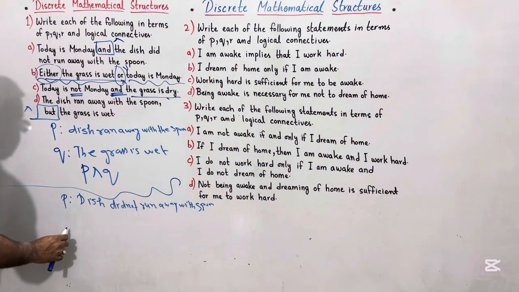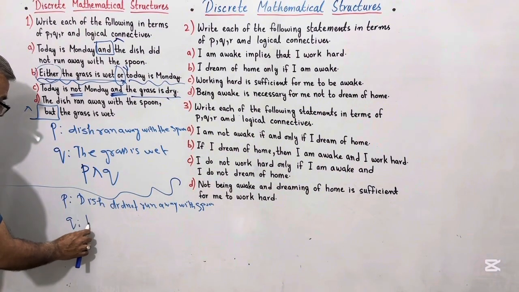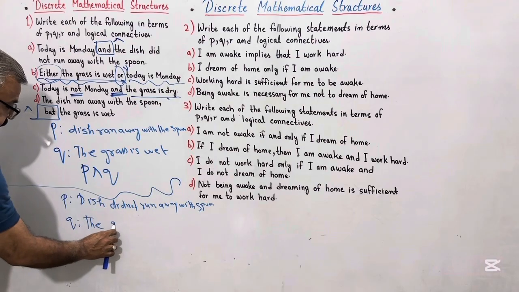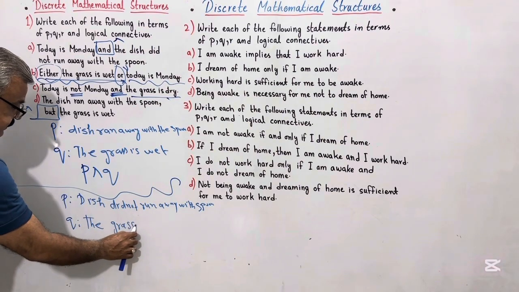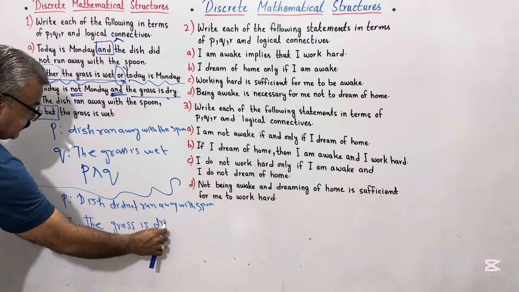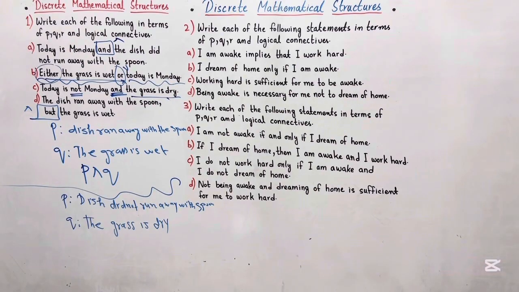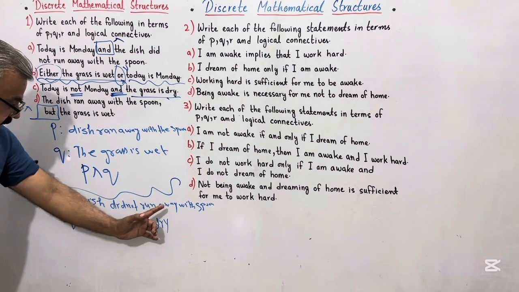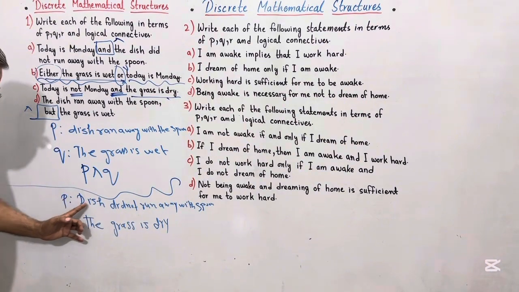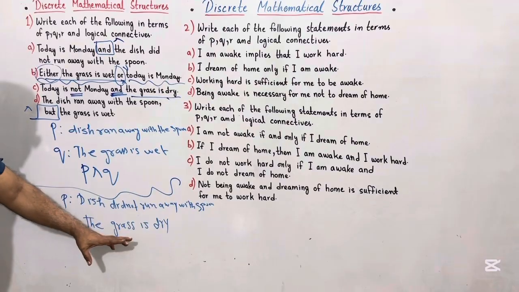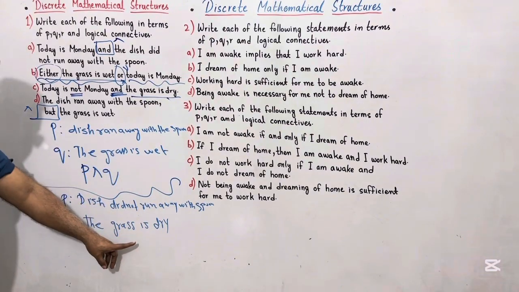And we are taking Q as the grass is dry. We have taken the basic propositions both as negatives. We have written the dish did not run away, and the grass, which is normally wet, in that case is not wet.